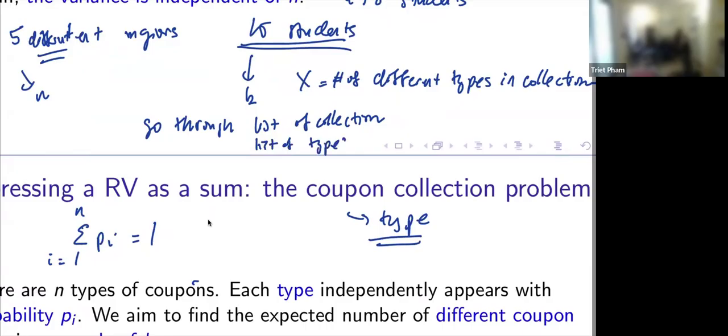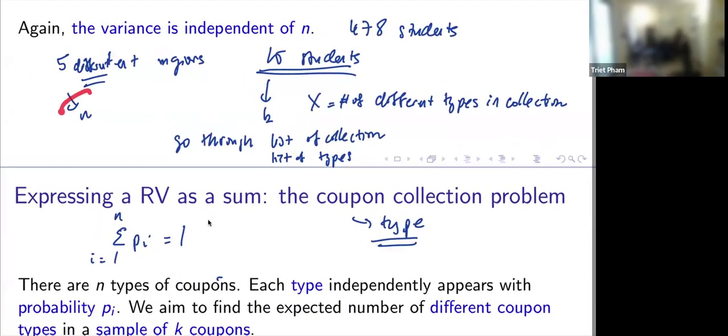In other words, you can sum over 1 to k, or you can sum over 1 to n. When you think about it like that, you understand what I'm trying to say. One way to go through it makes sense to count, and the other way doesn't make sense. So see which way you want to go through.